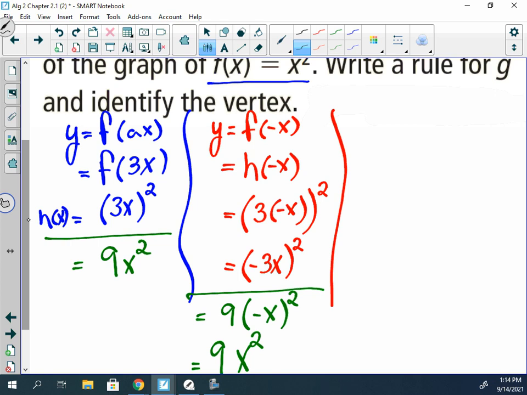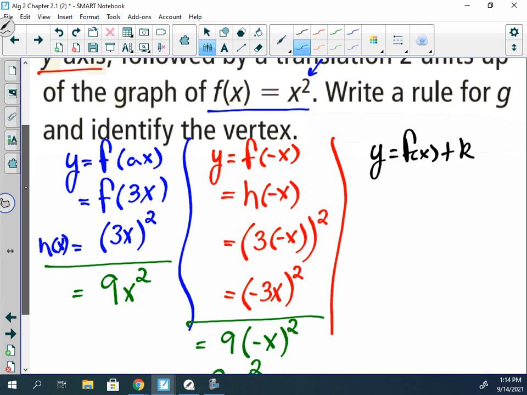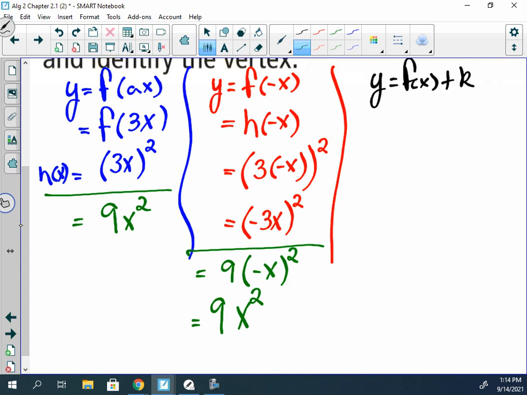Now we're almost done. Because I know the last one is a translation 2 units. So our last ones are f of x plus k. Why not? Let's stick with j of x. So really we have y equals j of x plus 2, since we're moving it 2 units up.